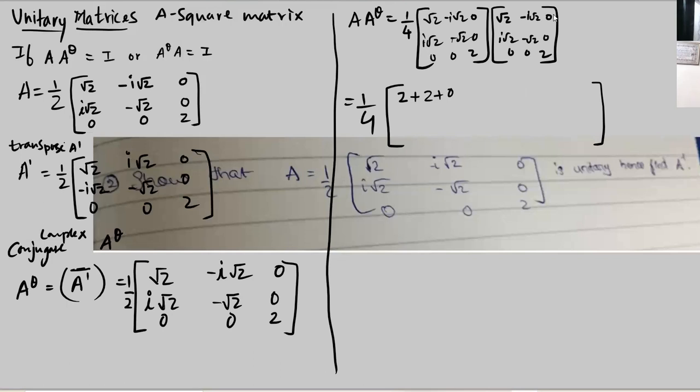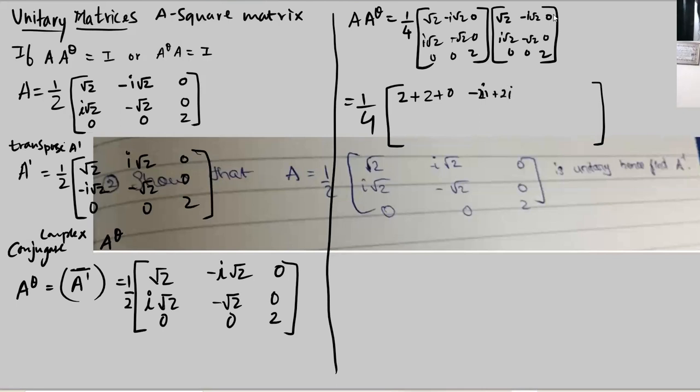Now first row into second column: root 2 into minus I root 2 is minus 2i, and the second term will be plus 2i.